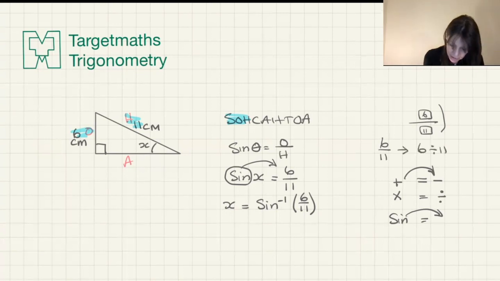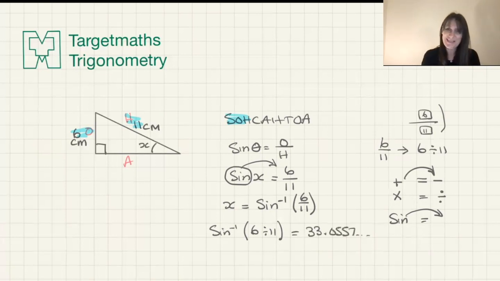So you could type in your sine -1, it will open that. You could then just go 6 divided by 11, which is a bit quicker, to be honest, than using the fraction key. Close the bracket, press your equals, and you will get 33.0557, and on it goes, coming out. Okay, rounding that to 1 decimal place is 33.1, and of course it's degrees because we're finding a missing angle.